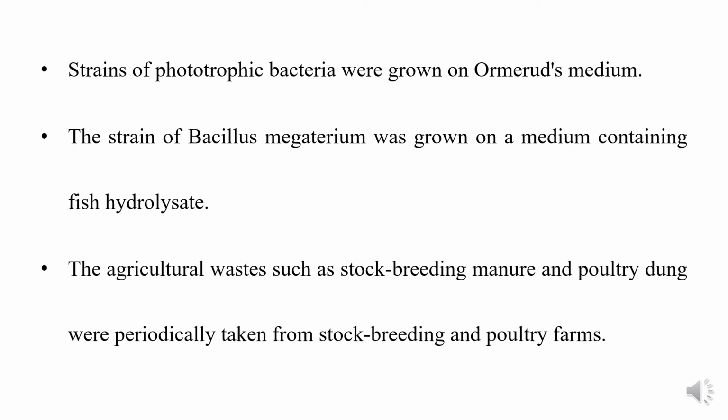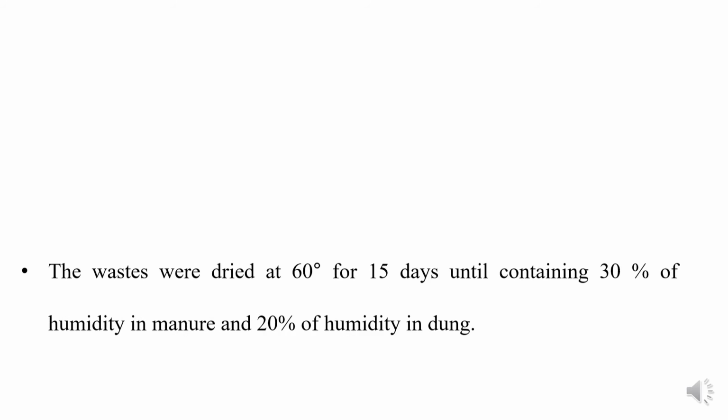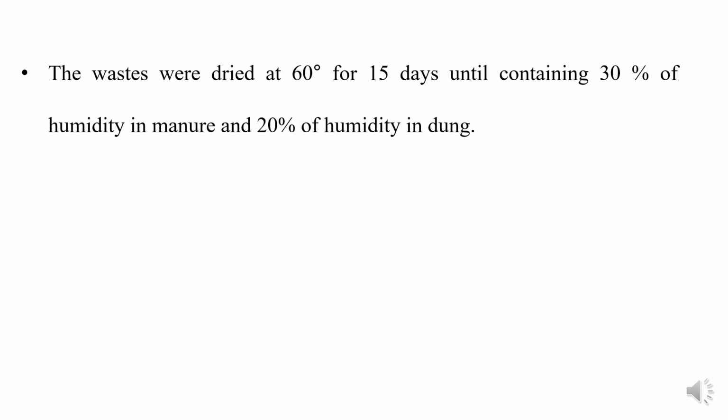For the cultivation of photosynthetic bacteria, we can make use of agricultural waste like manure and poultry dung. The waste which was collected was first dried at 60 degrees Celsius for 15 days.